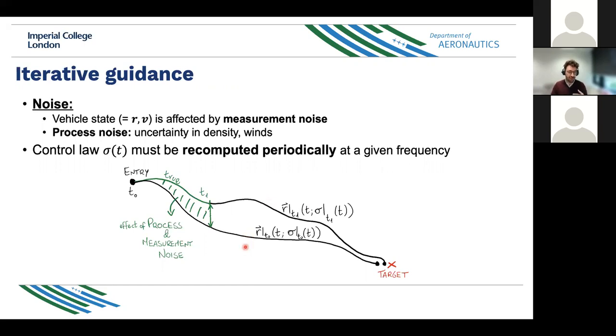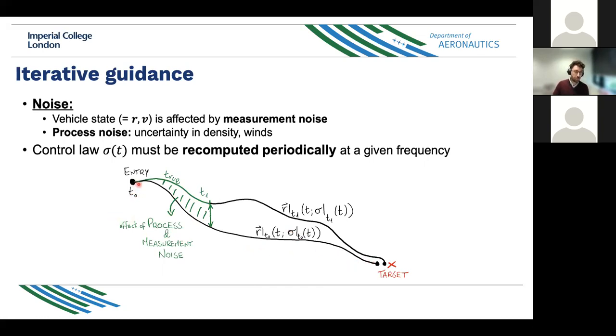So essentially, if we had perfect knowledge of the atmosphere and of the current state of the spacecraft in terms of position and velocity, we would be able, for instance, at the entry to compute a control history, which is sigma, that will bring us close to the target.